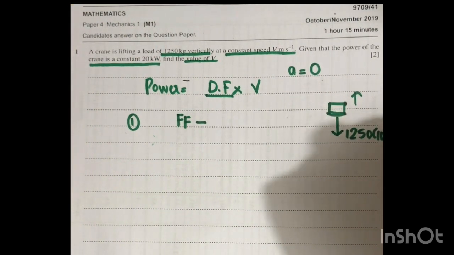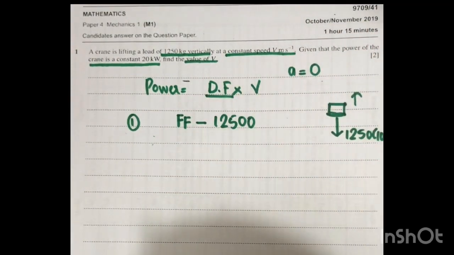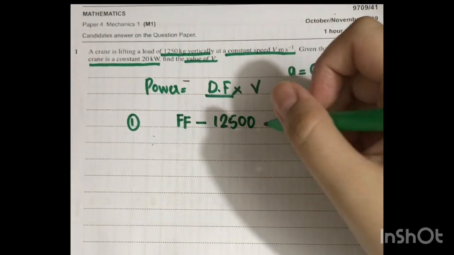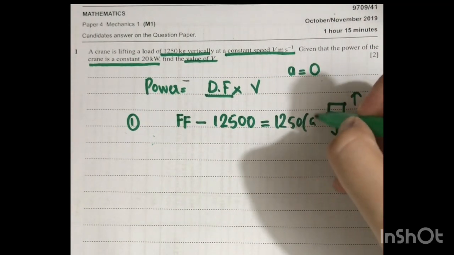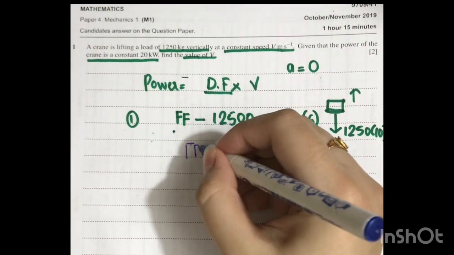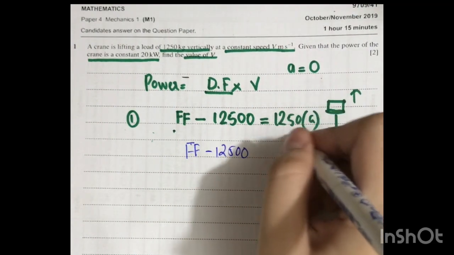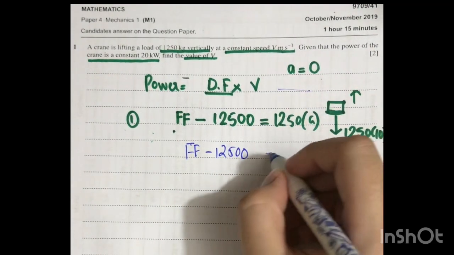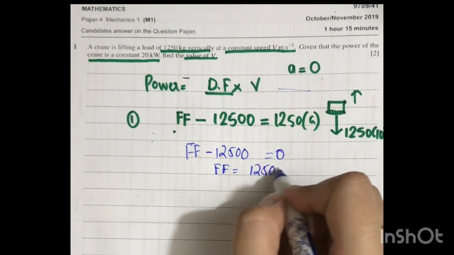So it's 12,500 is equal to mass multiplied by the acceleration. So this side becomes 0 since acceleration is 0. Hence the forward force is 12,500.